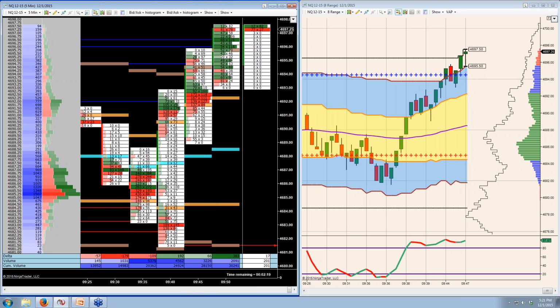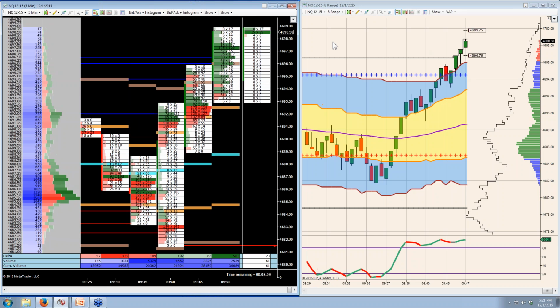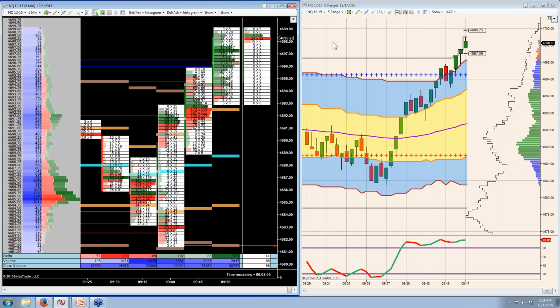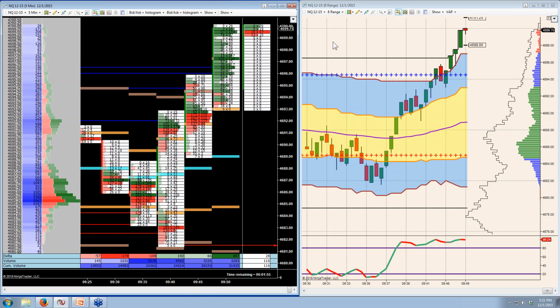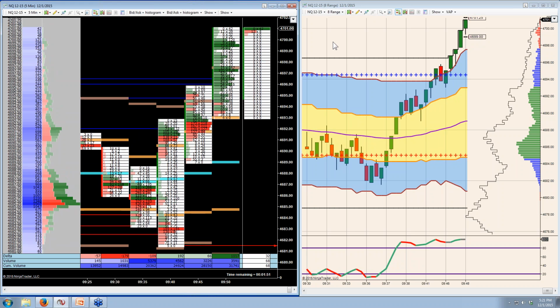Let's see. Do you use 8 range charts for E-mini? I personally, what I do is I use these charts and the order flow in conjunction with my own setup that I trade. And so I personally take my entries off a 4 range chart.